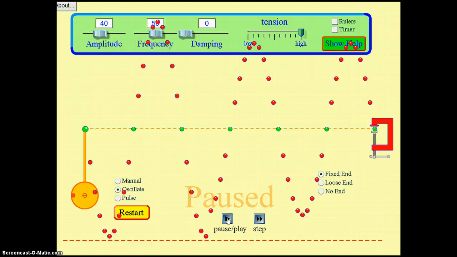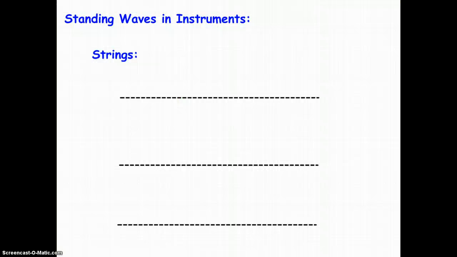All right, we're going to go back to our diagram here and talk more specifically about standing waves on a string and the relationship between the length of the string, the wavelength, and the frequencies that are produced in that string. Okay, just to review from our previous simulation, the diagram I'm about to draw, this dotted line represents the equilibrium position. One standing wave would be a crest and a trough that flips and inverts.